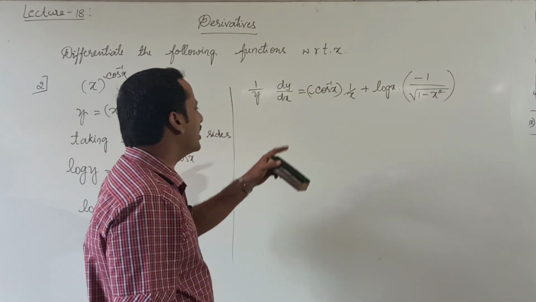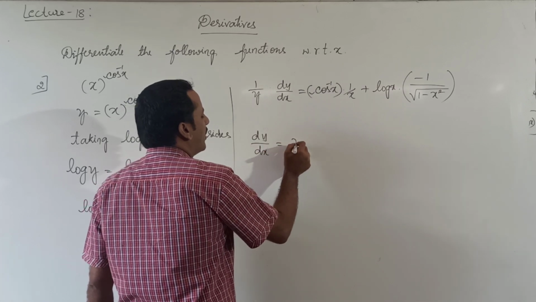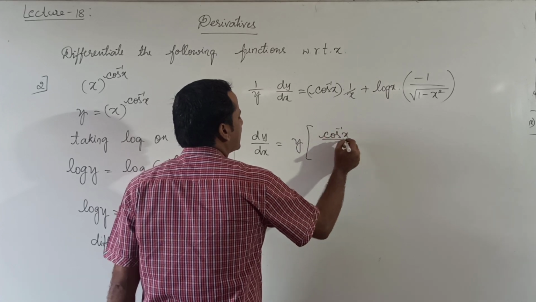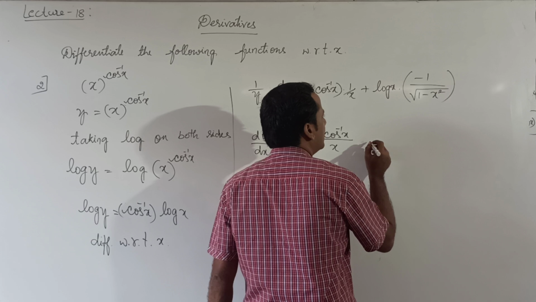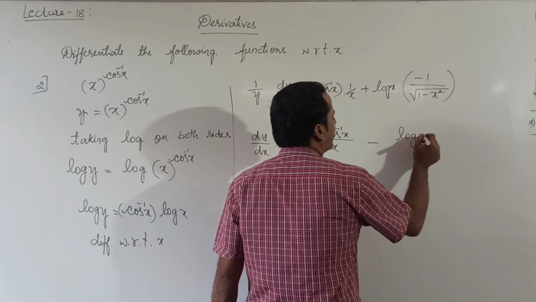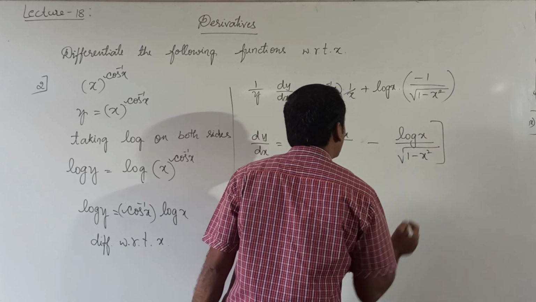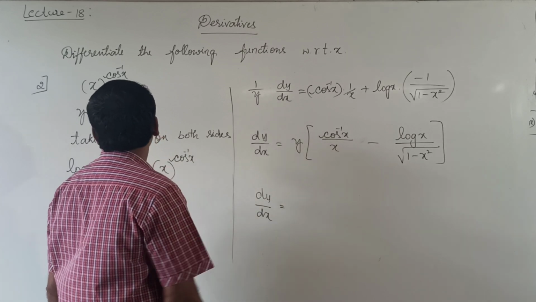Take this y to RHS. We get dy by dx is equal to y into cos inverse x divided by x minus log x divided by root of 1 minus x square. Write down what is y. What is y?